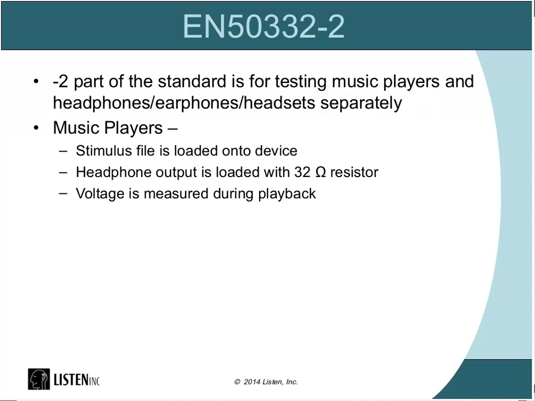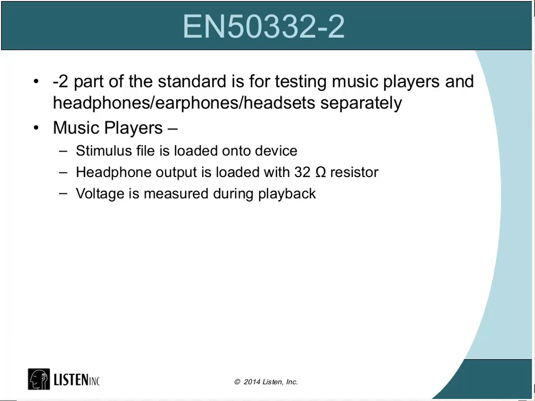So one, we test the music player itself. And for that, just like the Dash 1 part of the standard, we load the stimulus file onto the device, and we'll set everything to maximum output again. This time, instead of plugging in headphones, we take the output of the headphone amp and we load it with a 32 ohm resistor.